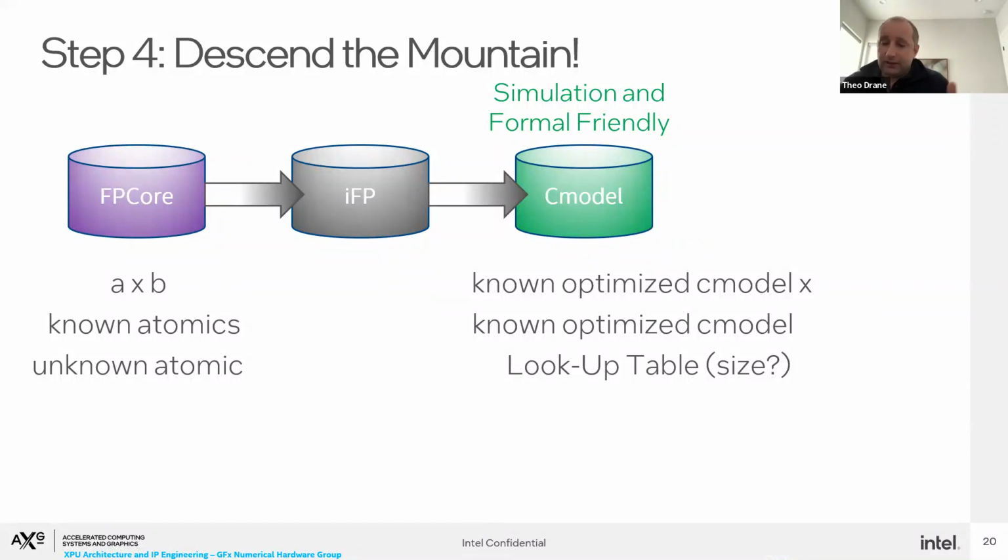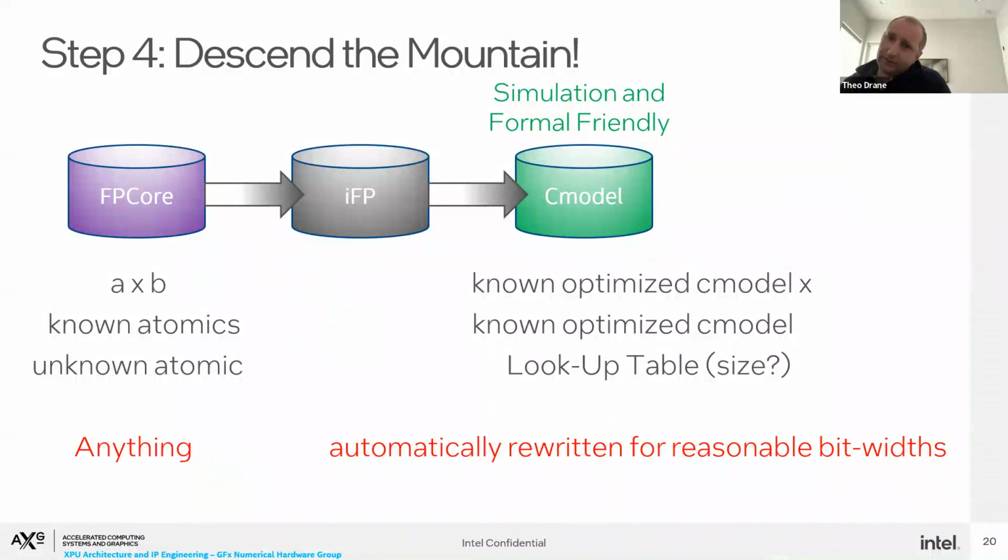The obvious thing to do in the short term would be to use a lookup table, but obviously that's limited. But in the longer term, hinting at what I said earlier about the rewrites, in theory, could we do this automatically by taking a quote unquote infinitely precise model and then rewriting it to something with reasonable bit widths automatically?